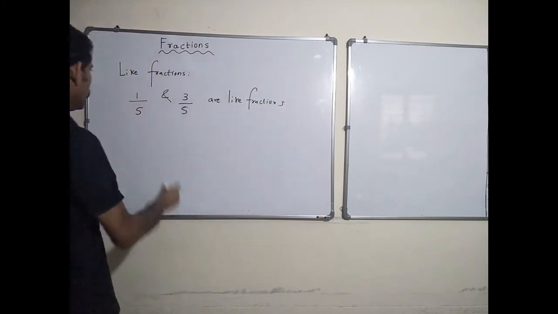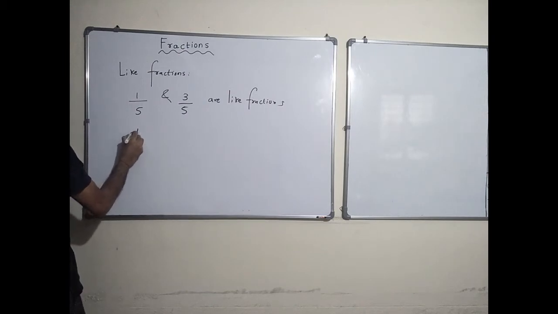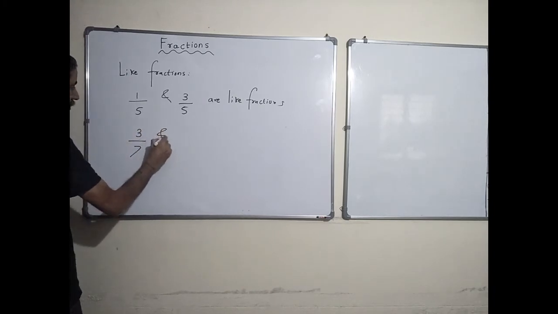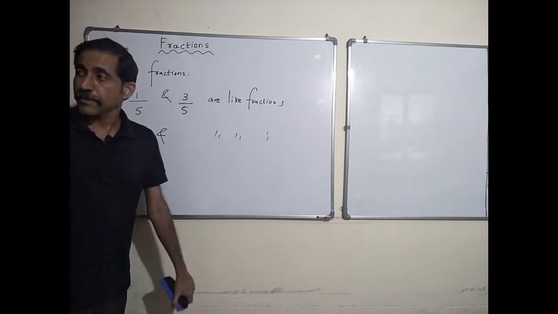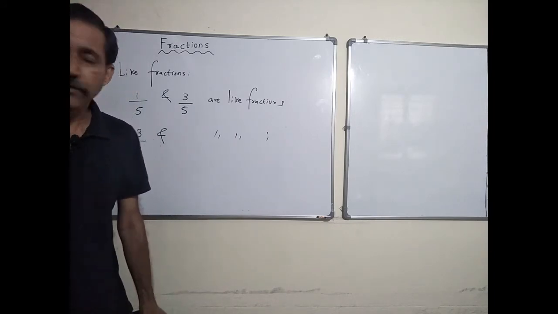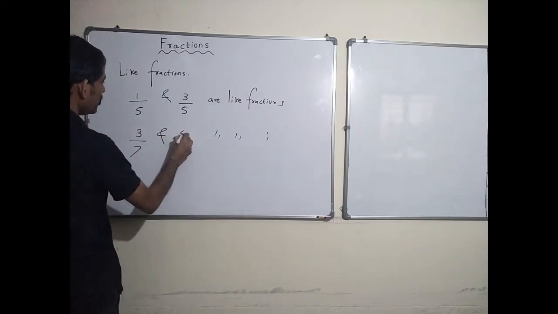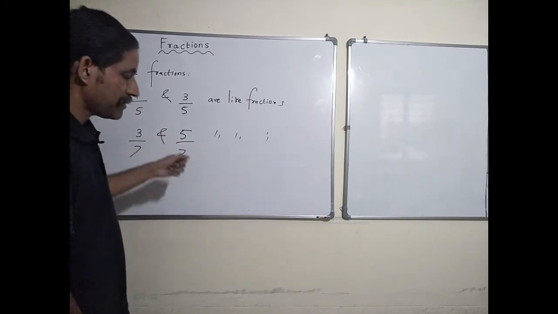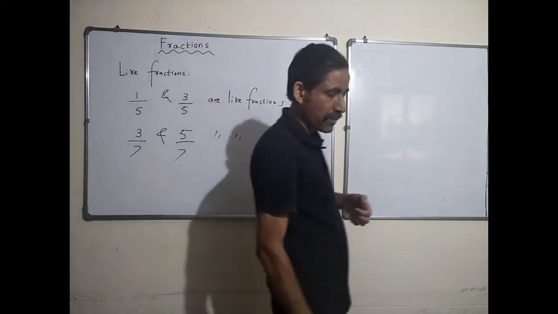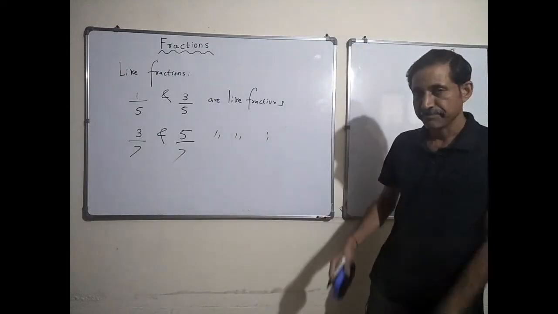Let's consider one more. 3 by 7 and what are like fractions? Tell me. 5 by 7, the boy says. So 3 by 7 and 5 by 7 are like fractions.